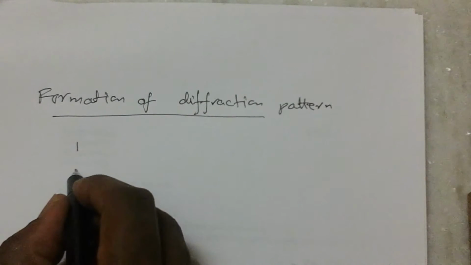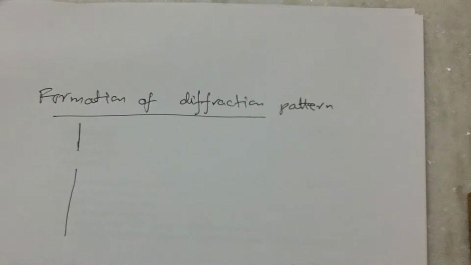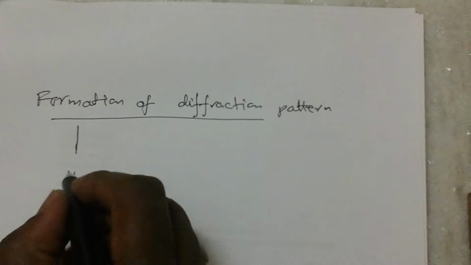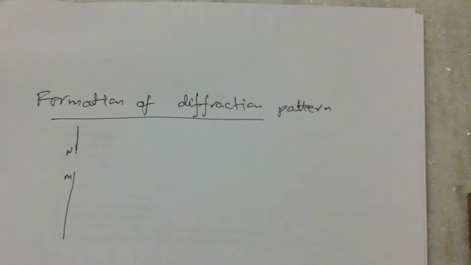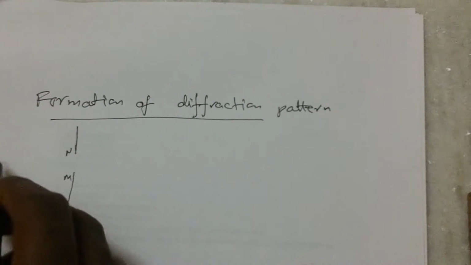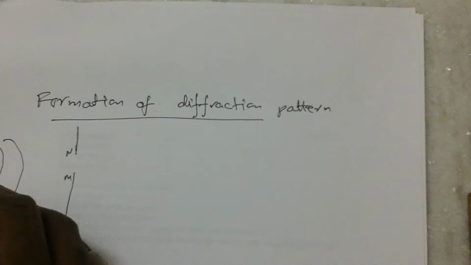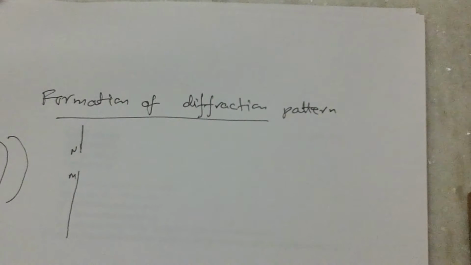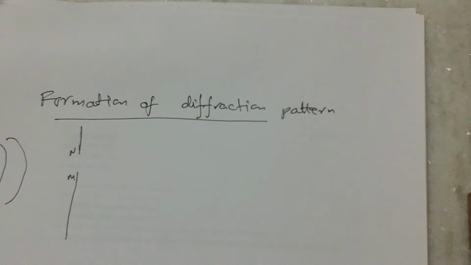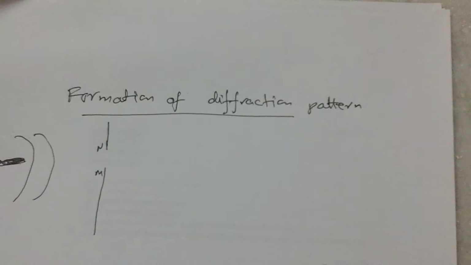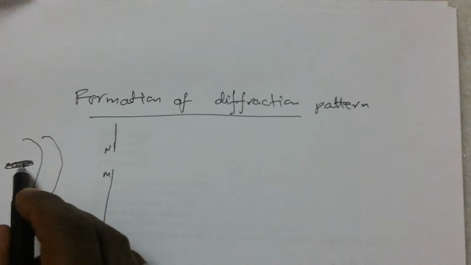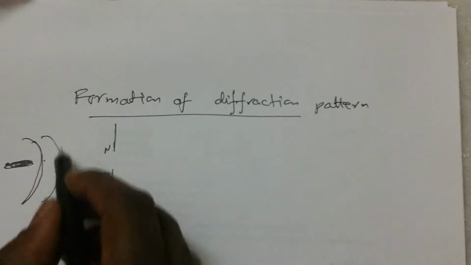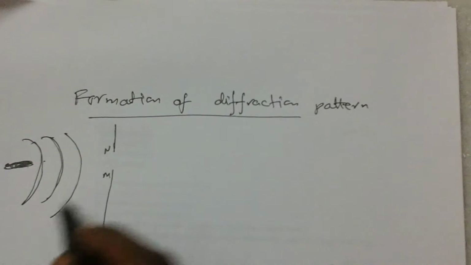First we are taking a small slit over here, a small slit or edge. N is a small slit. So what is happening? The light ray is coming like this from the source, as spherical wavefronts or cylindrical wavefronts.